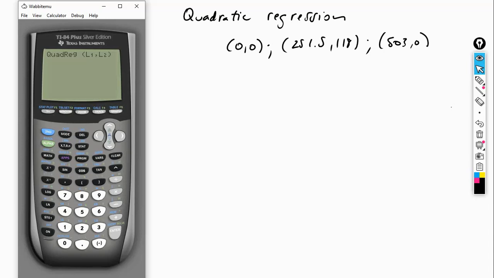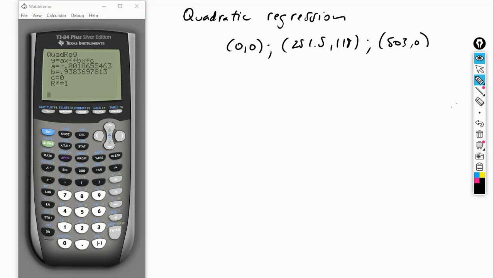So now all you have to do is hit enter, and the calculator is going to give you the quadratic model. Notice that it says y equals ax squared plus bx plus c, but then it tells you what a and b are. You see that a and b are on the screen. So that means that we already have the model ready.